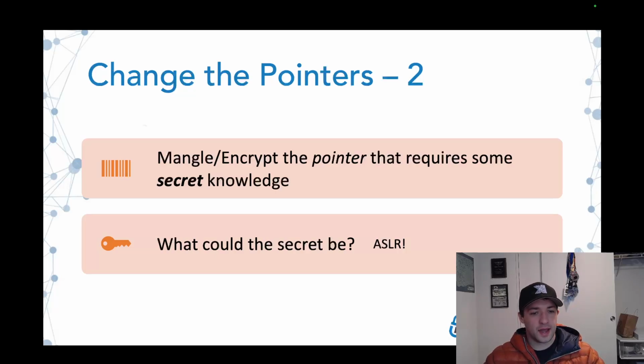And they decided that instead of having some randomness and having to deal with that, they actually use ASLR. The idea behind this is ASLR already is randomized, and we know this information, and so we can use the properties of ASLR in order to cause havoc on pointers.